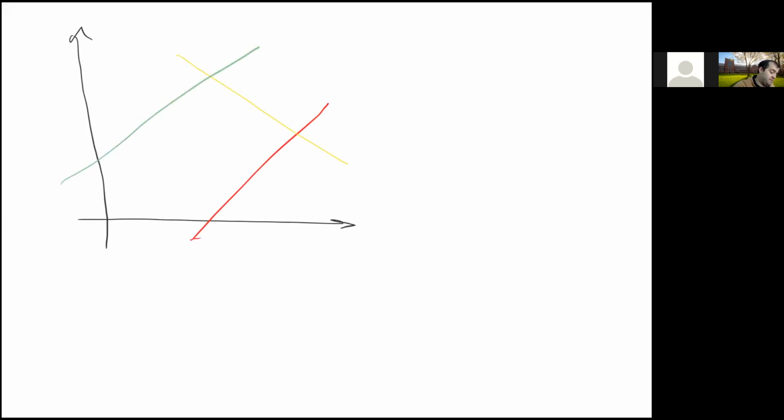Okay, let's say in our case, this is the optimal point. Can anyone remember what my binding constraints are? The yellow and red line?